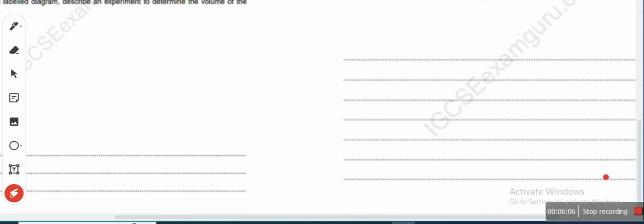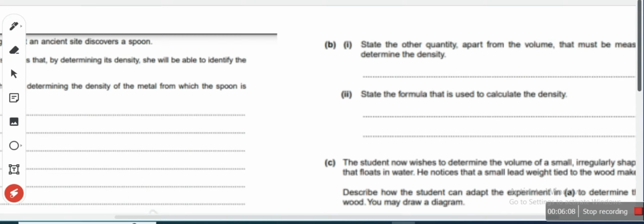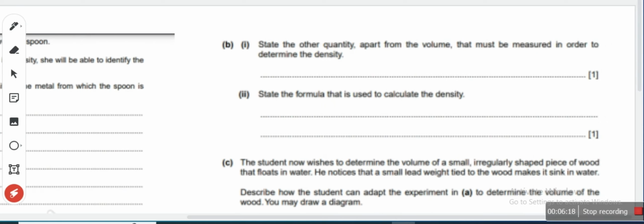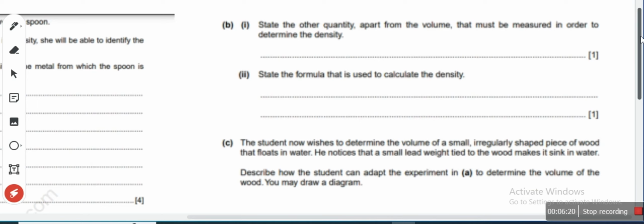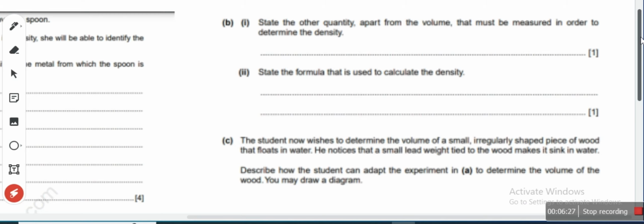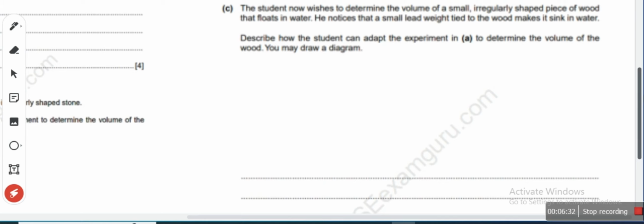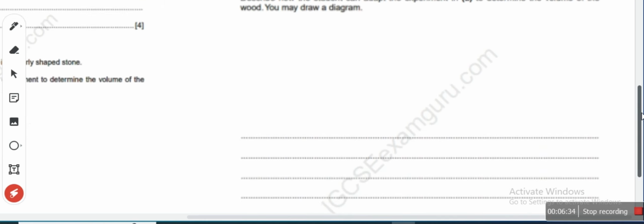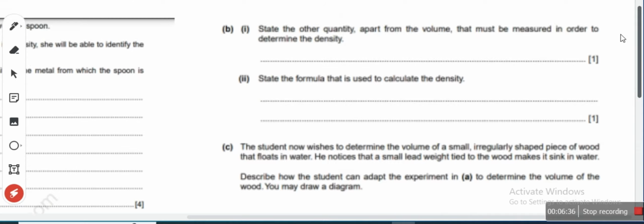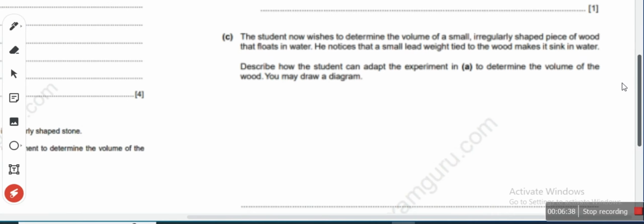Let's look at 5B. That's the full 5B, B and C. You can pause and read it out and practice. This is C.